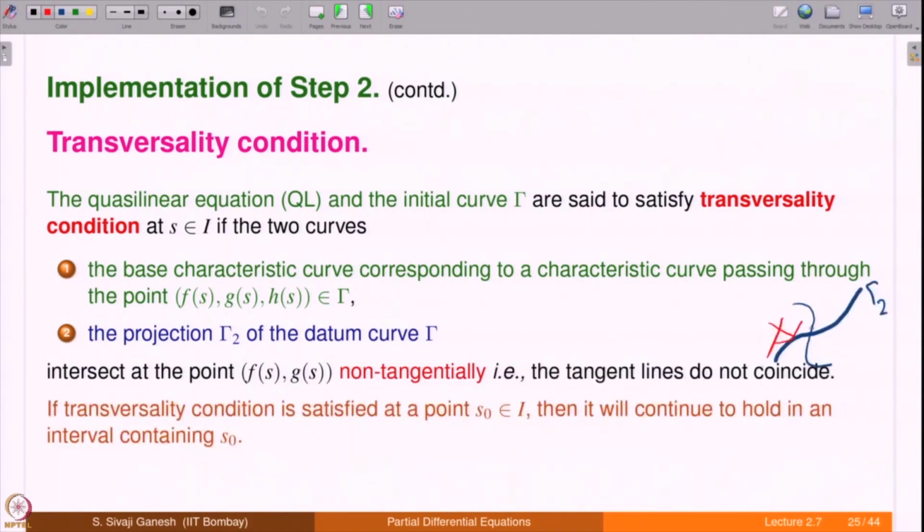So, here it is transversal, here it is not transversal. Now, if such a thing happens, if you look at nearby also, the curves are all going to be like that, right. They will always be cutting and you get a surface.